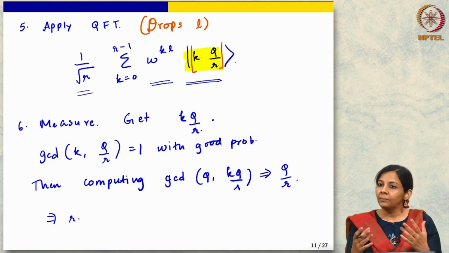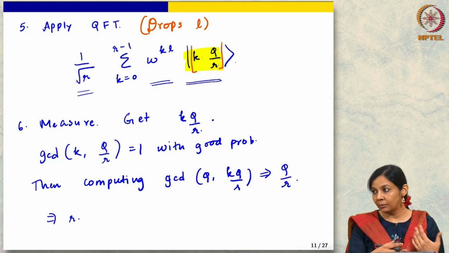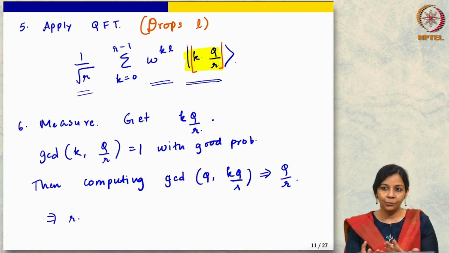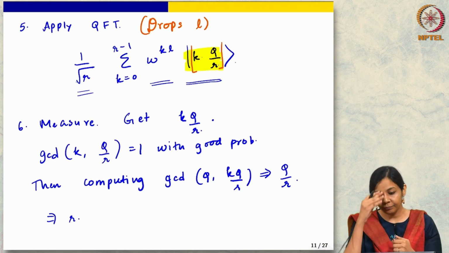The algorithm is quite similar to the algorithm that we saw last time, right? You prepare the input superposition, you apply the function oracle. The function is x to the a mod n, and you're trying to find the order of x.